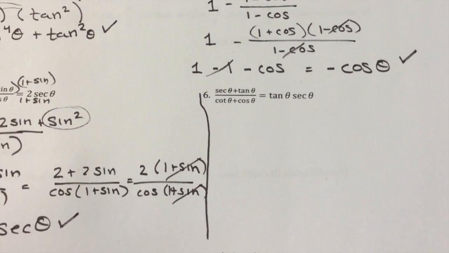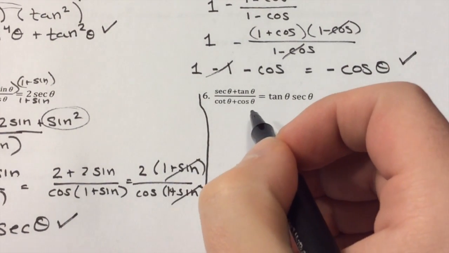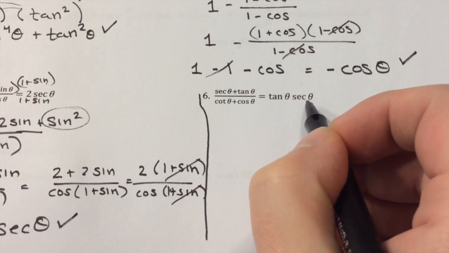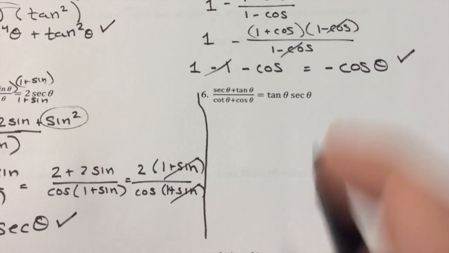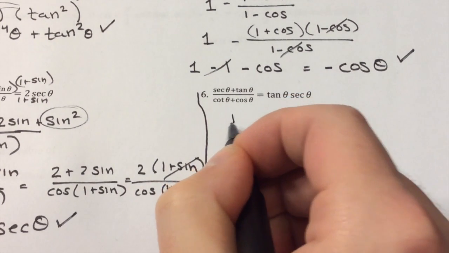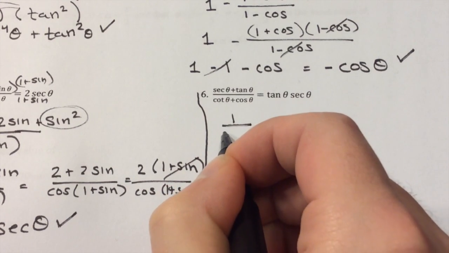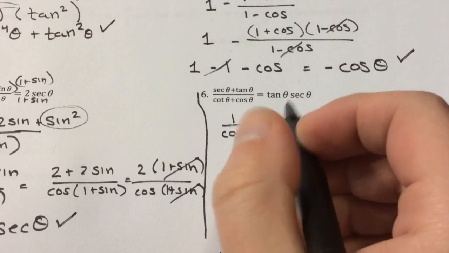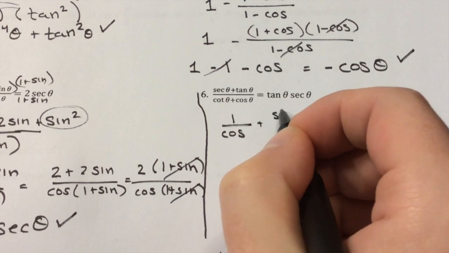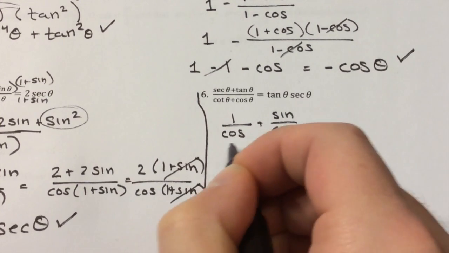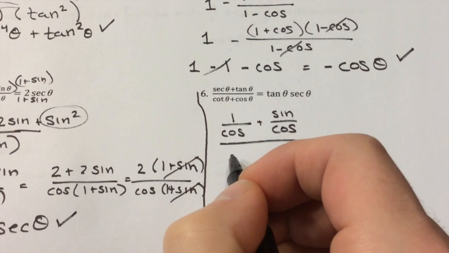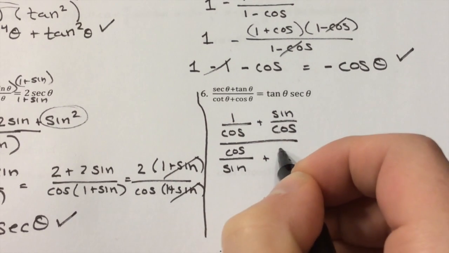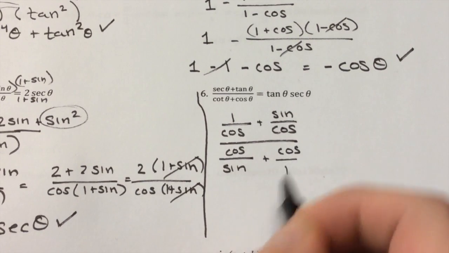Next up, so what I'm going to do here is I want a tangent times secant on the top. So I'm going to be a little tricky here and notice that I want a common denominator. So secant is 1 over cosine plus tangent is sine over cosine. Cotangent, likewise, is cosine over sine plus cosine over 1.